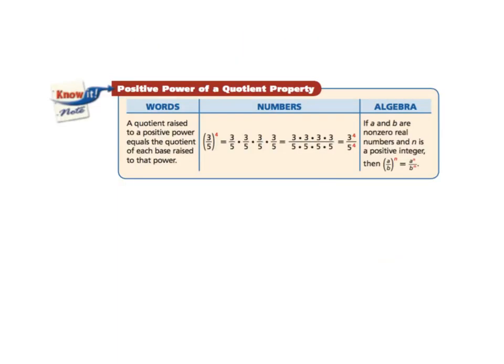So what we've been using is formally called the positive power of a quotient property, and it's outlined in your textbook. You can see there's a verbal model here. A quotient raised to a positive power equals the quotient of each base raised to the power. You can see there's an example here, which is basically what we did in the previous slide.